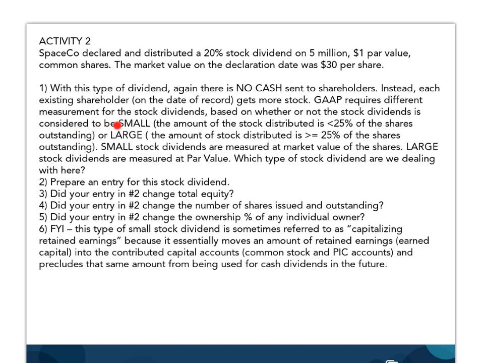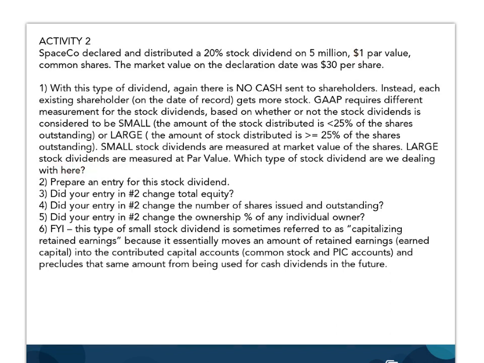GAAP requires different measurement based on whether or not the stock dividend is small, meaning that it's less than 25% of the shares outstanding, or large, which would be greater than or equal to 25% of the shares outstanding. So for this example, there are 5 million shares outstanding, and we say we're doing a 20% stock dividend. The percent refers to the 5 million. So the first question is, which type of stock dividend are we dealing with here?